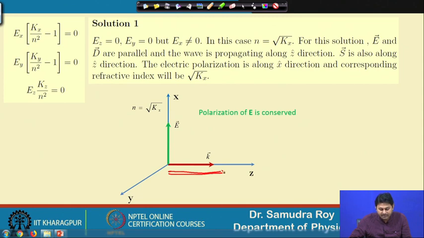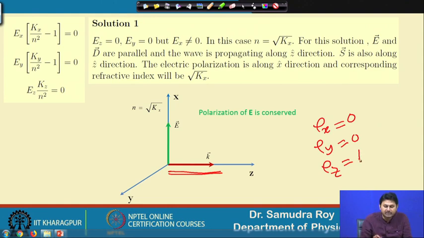If my k is lying along z direction, that means if I write my rho x, rho y and rho z, I will have rho x equal to 0 and rho y equal to 0 and rho z equal to 1, because I am launching my k vector along z direction.